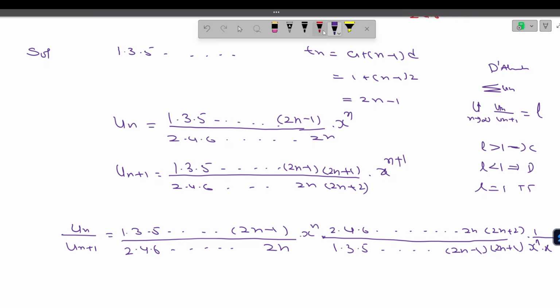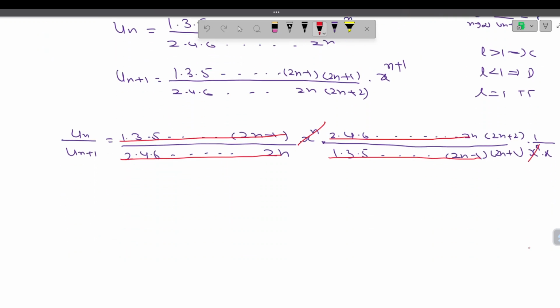Now you see, this complete part goes, this complete part, and x to the power of n, x to the power of n. So what is left for us? Un by Un plus 1 is 2n plus 2 by 2n plus 1 into 1 by x.